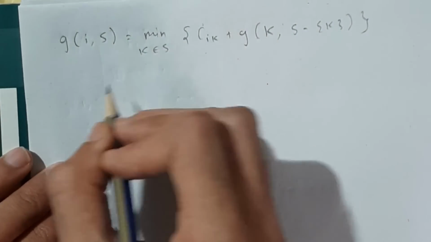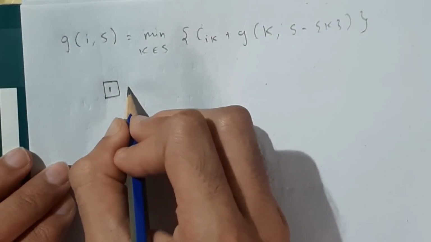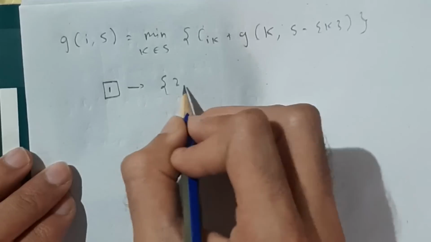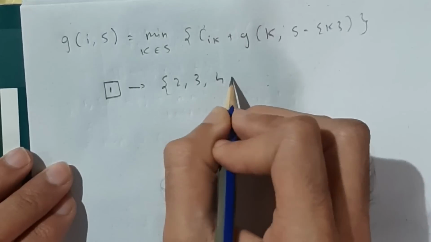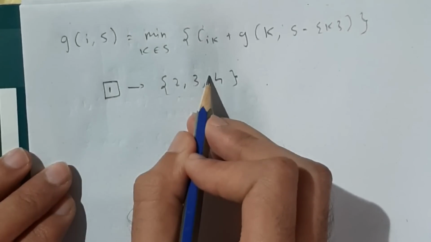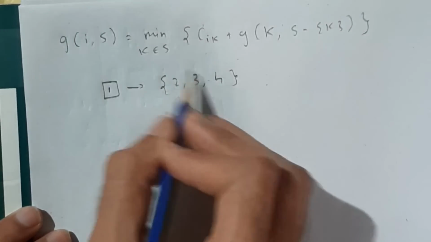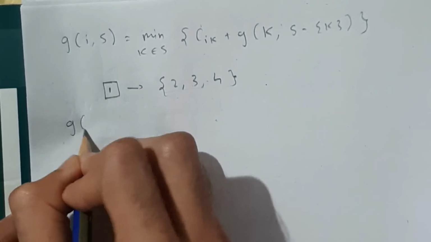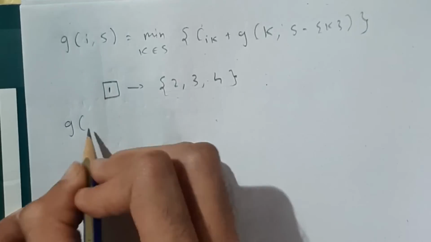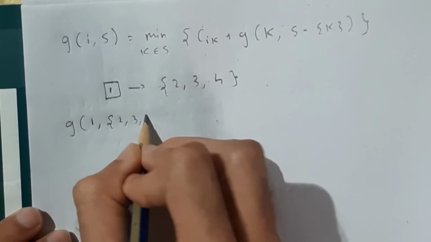See here, the starting vertex is 1. Okay, from 1 where the person can go, either he can go to 2 or 3 or 4. Means from the first city he can go to 2 or 3 or 4. Okay, so by using this formula we have this set here. This is nothing but S. If I write this formula here, first one is i is 1, so I'll be writing here 1, and the set which I have is 2, 3, 4.